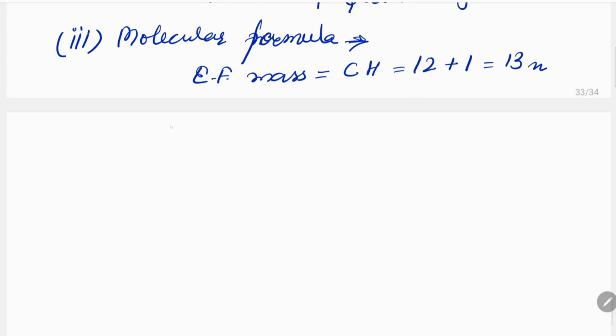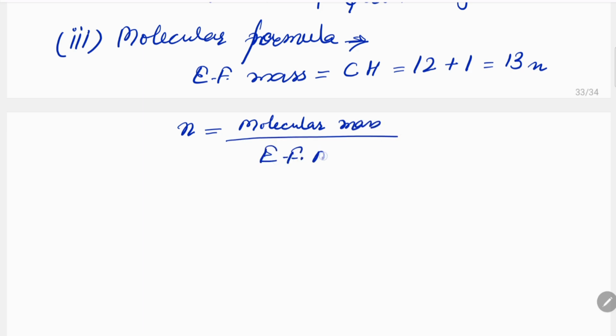Now we have to calculate a factor N which is to be multiplied with the empirical formula. N is equal to molecular mass or molar mass divided by empirical formula mass. The molecular mass was 26, the empirical formula mass was 13. 13 twos are 26, so N is 2.